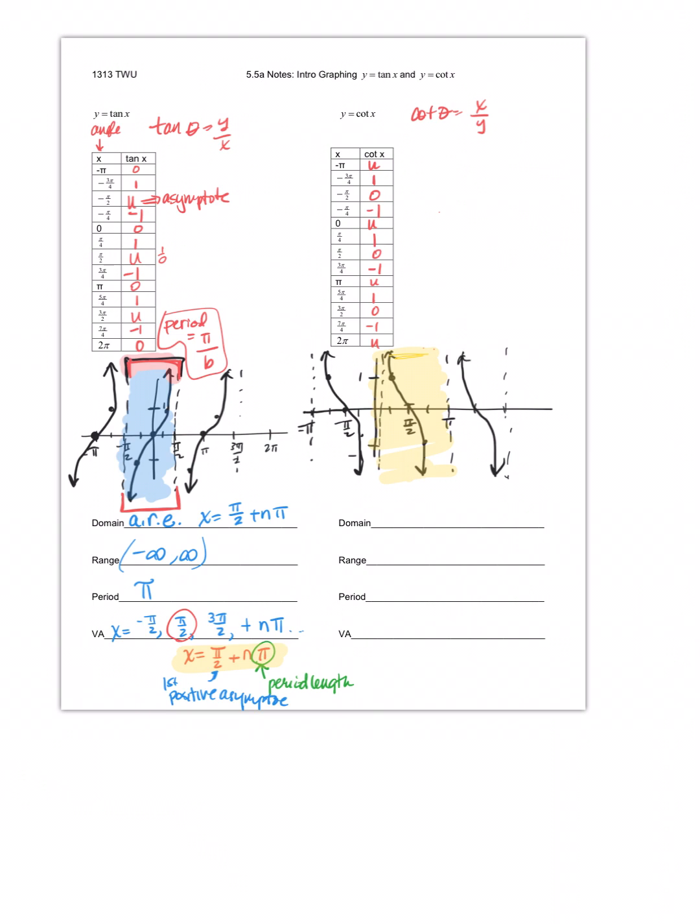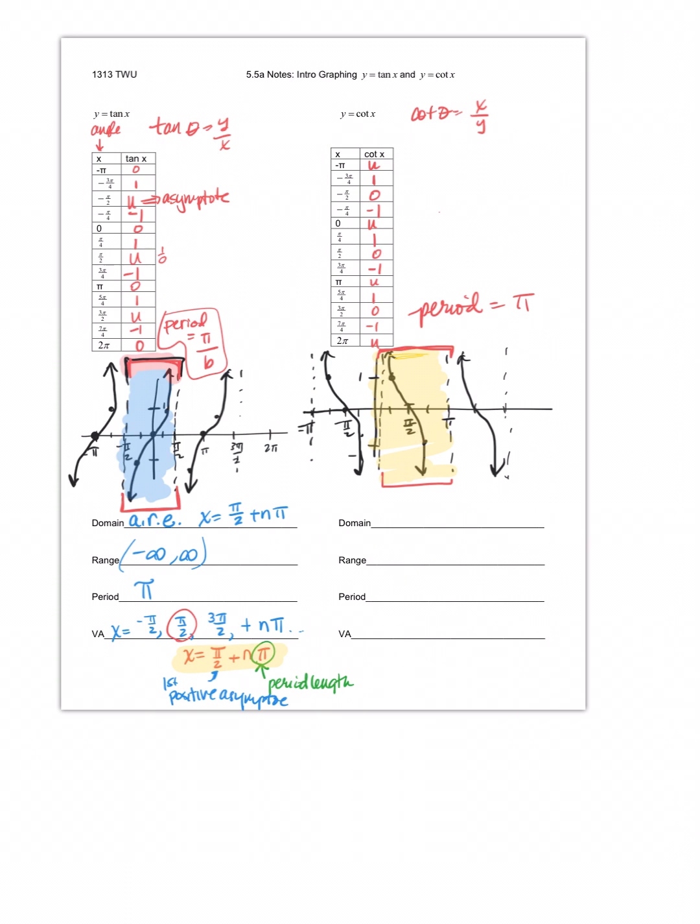All right, what's the length of my period here? It goes from 0 to pi, doesn't it? So did the period change? No. The period is still pi. It just shifted over. With regular tangent, it starts over in the negative world, but in cotangent, it starts in the positive. It just shifted over and then inverted, okay?